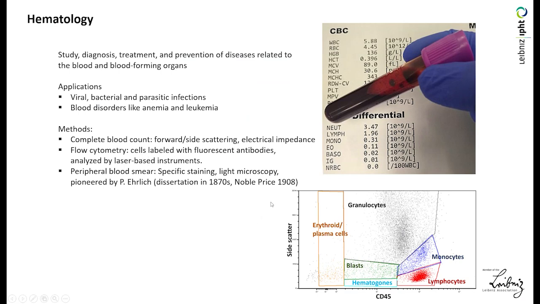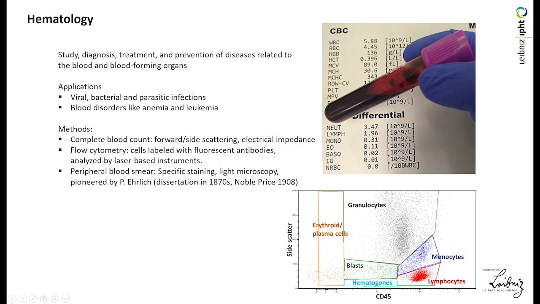For example, the side scattering channel, which probes the size and the granularity of cells, can be combined with the CD45 antigen staining, and this is the logarithmic scale. That means here the monocytes and the lymphocytes, which are of particular interest, can nicely be separated by these two channels.